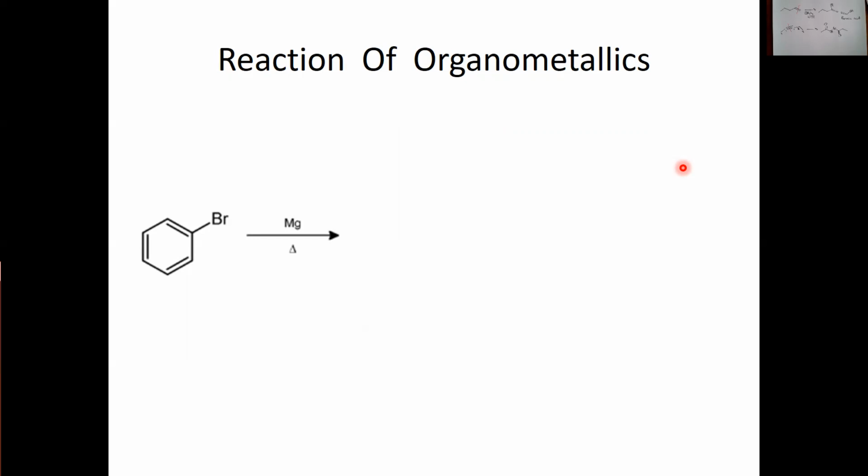Hopefully you remember the way to make them is you start with a halogen containing compound, most often a Br, add a little solid magnesium, and that magnesium squeezes its way between the carbon and the bromine to make a Grignard reagent. That Grignard reagent has essentially a carbon with a minus, so it's a super good nucleophile, a super strong base.